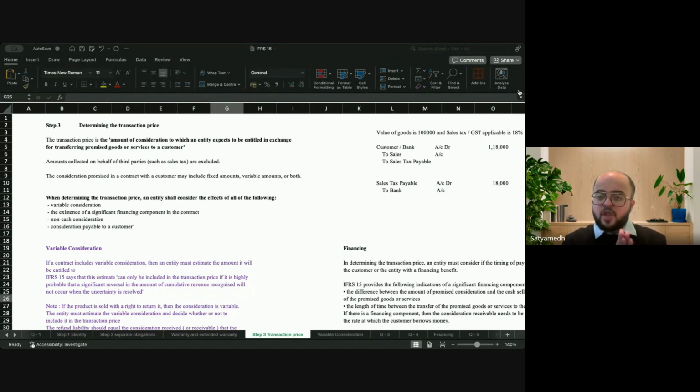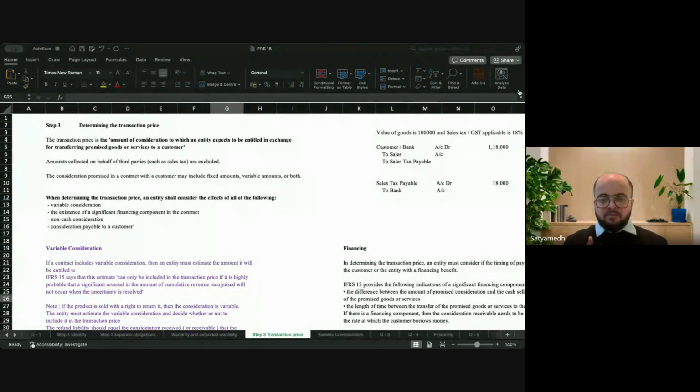So consideration is the amount promised under the contract. Any amount to which an entity expects to be entitled in exchange for transferring the promised goods or services to a customer. And in this case, you have to remember that amounts collected on behalf of third parties are not included. What does that mean?